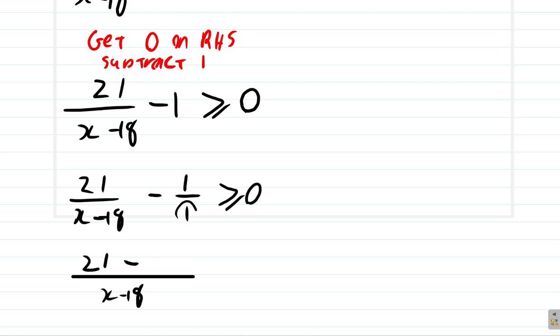Minus 1 into x minus 18 goes x minus 18 times 1, gives you x minus 18. You have to put it inside the bracket here because it's subtracting all of it. Alright? It's greater than or equal to 0.